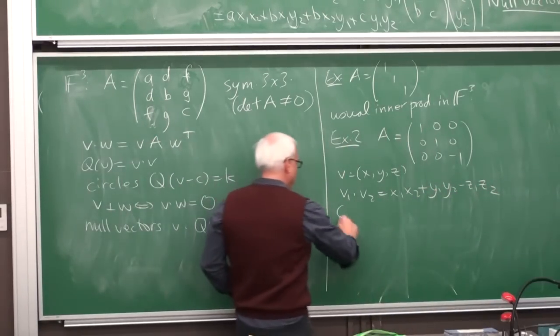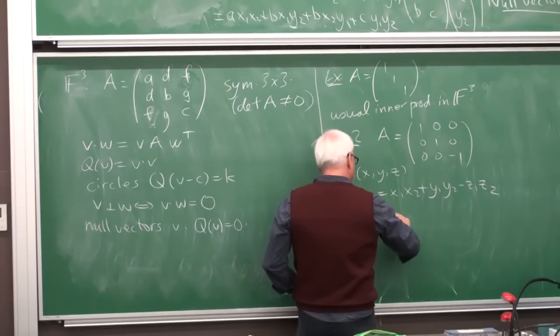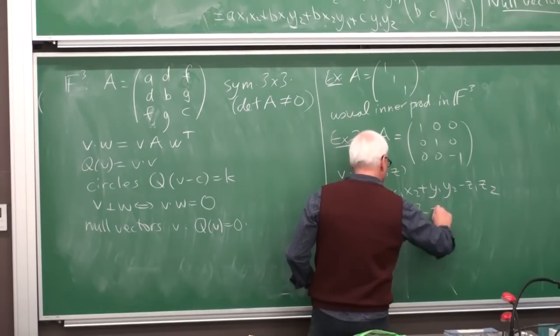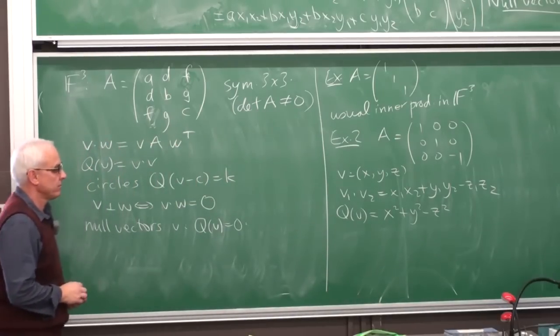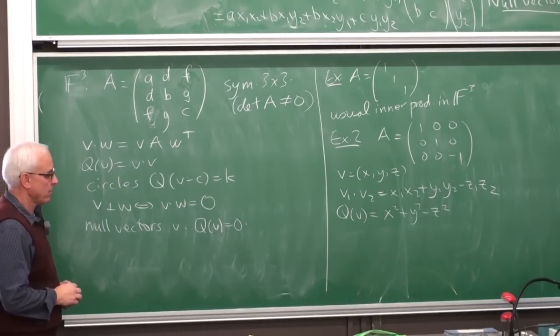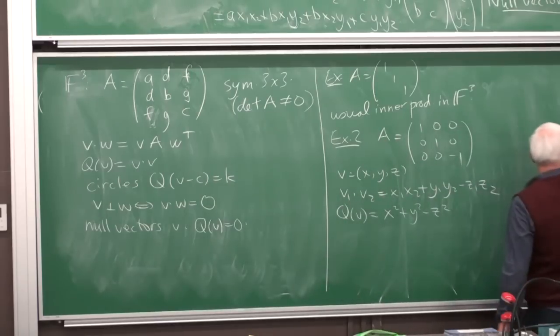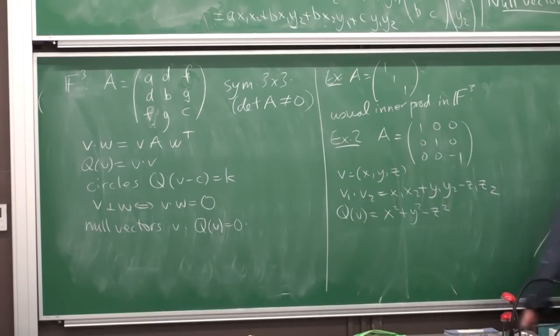And the quadratic form is x squared plus y squared minus z squared. All right, in keeping with our former usage, let me label the axes with capital letters now. We're in three-dimensional space.